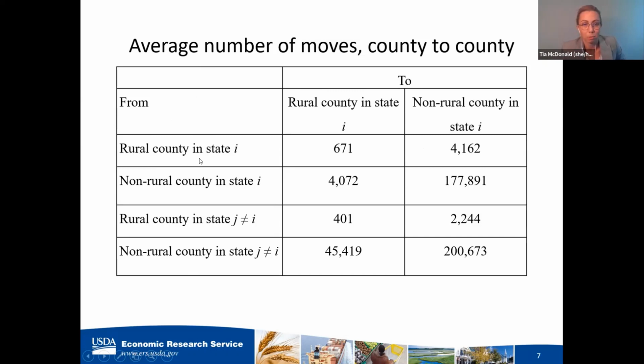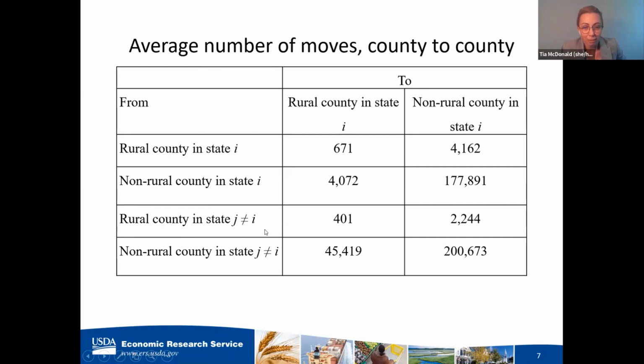Movers from a rural county within the same state moving rural to rural is about 670, rural to non-rural within the same state is about 4,000, and so on and so forth. Then we have non-rural county origin: non-rural to rural within the same state, and non-rural to non-rural within the same state, about 180,000.